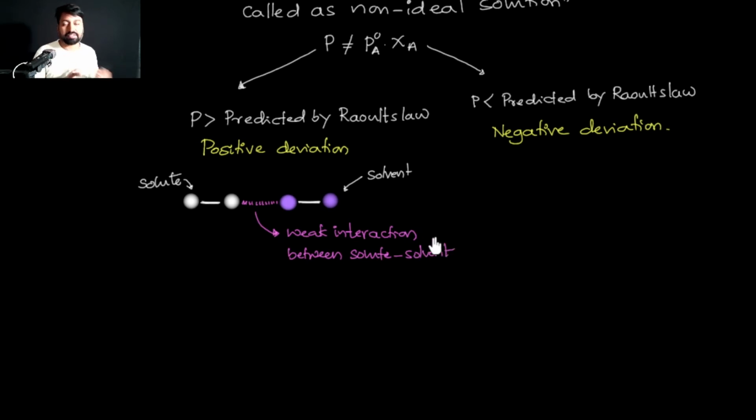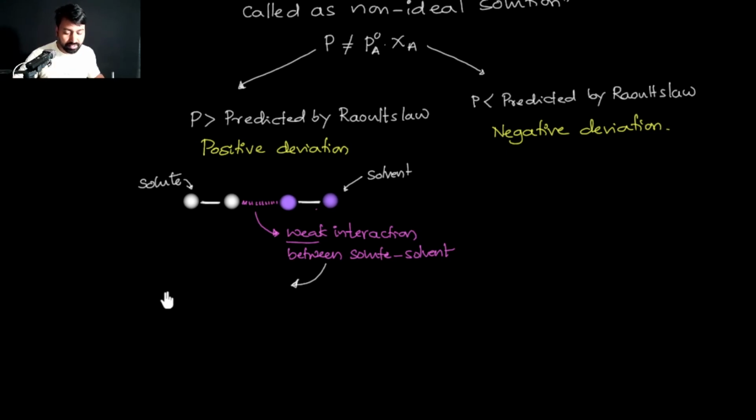This is the basis for showing a positive deviation. The interaction between the solute and solvent is very weak compared to the interaction present between the solutes and between the solvent molecules. Because of this, the molecules get a tendency to escape from the solution.